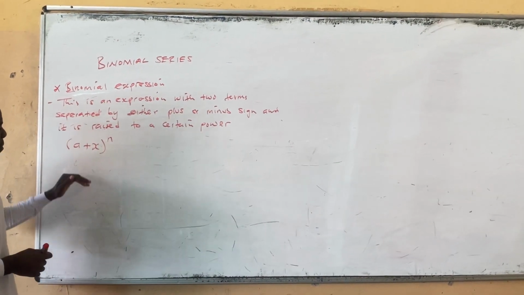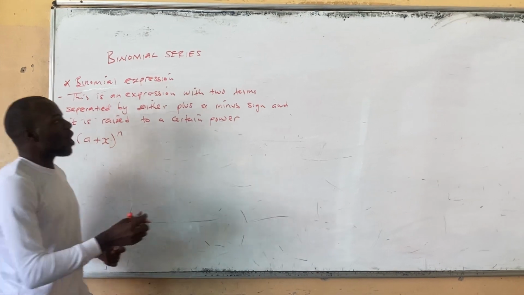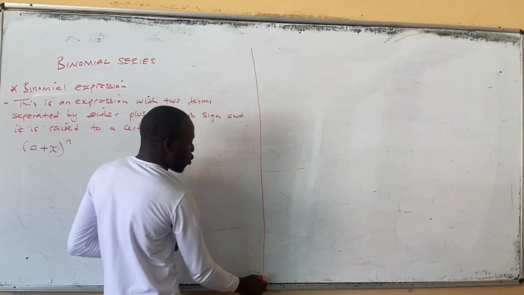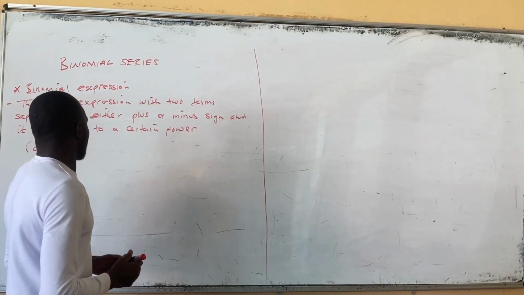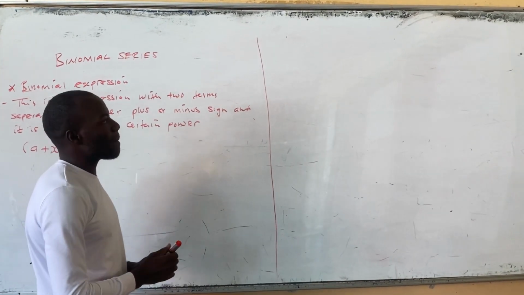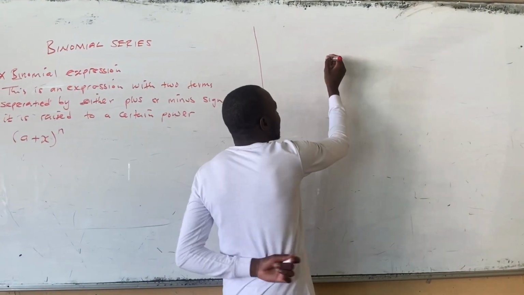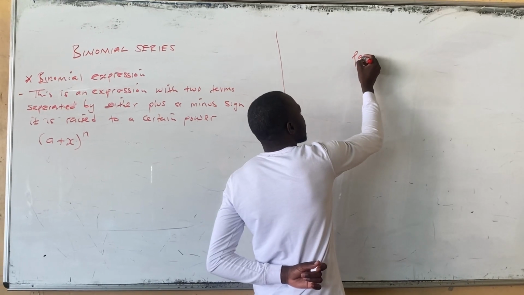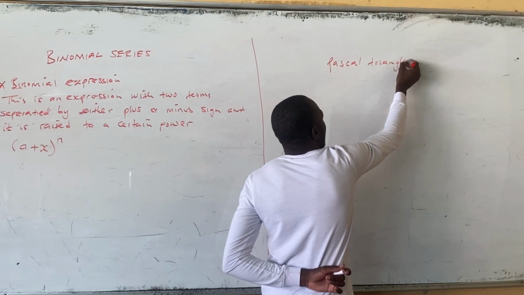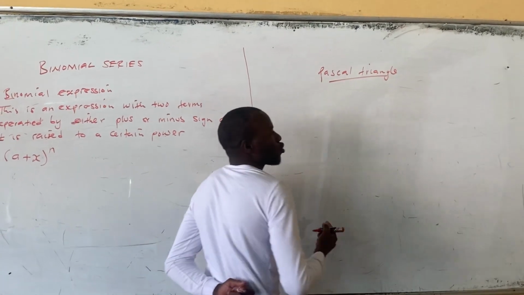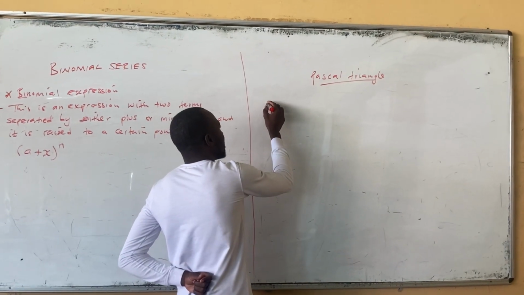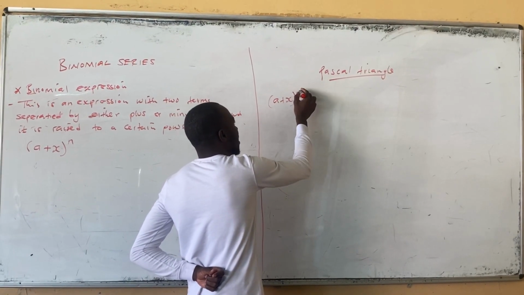Okay? So before we come to expansions, you need to know what we call a Pascal triangle. This Pascal triangle helps us to find the coefficients of a certain power. It looks like this. Let's say you have this same expression here, a plus x raised to the power 0.